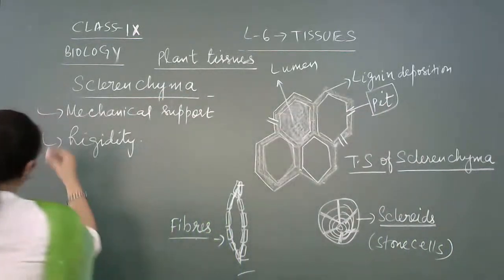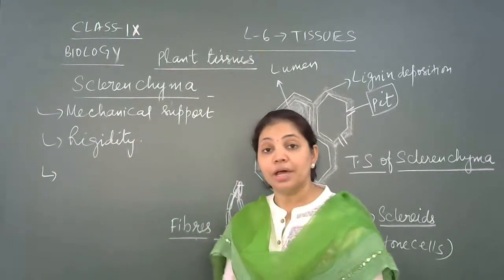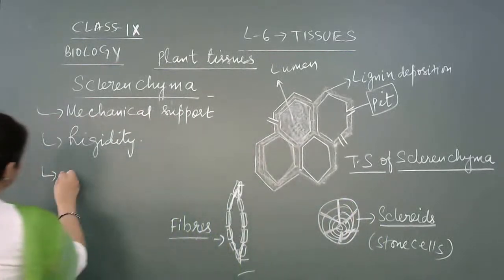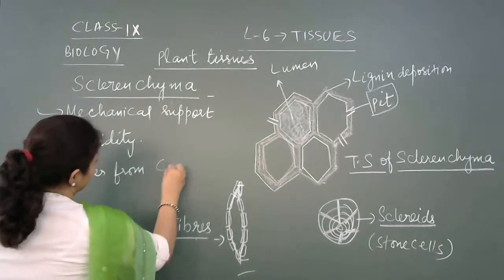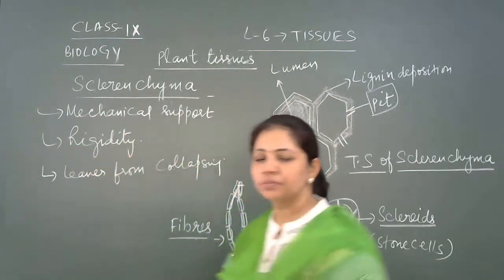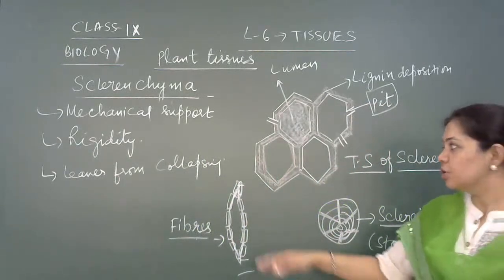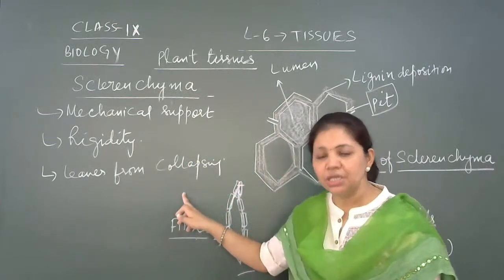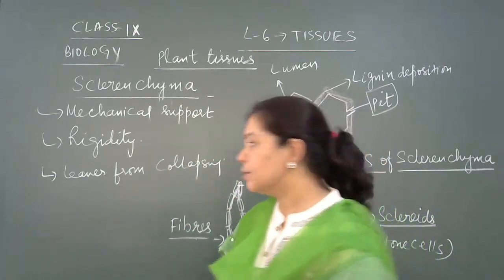Another is that the sclerenchyma present in certain parts of the leaf prevents leaves from collapsing because of changes in air pressure. So leaves do not collapse just because of the presence of sclerenchyma.